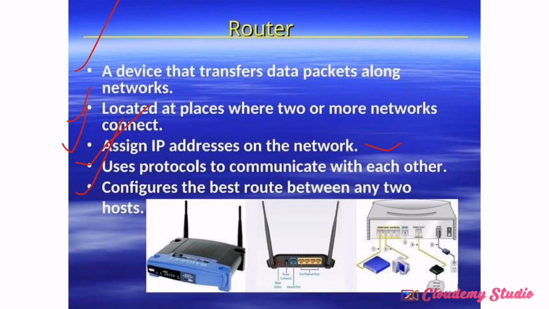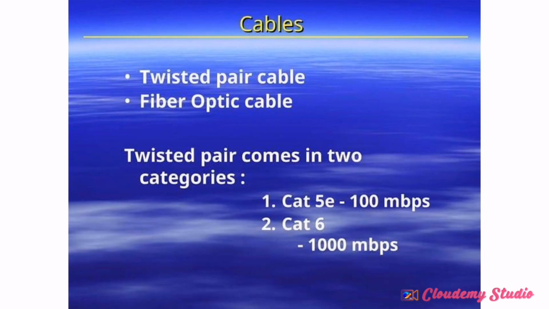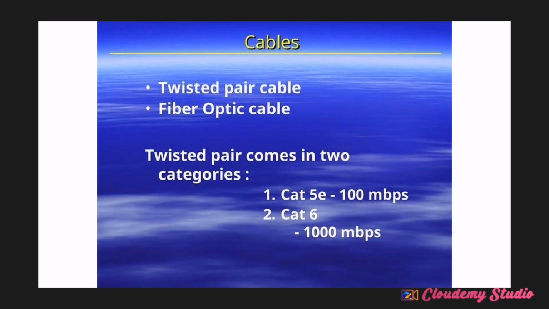Then configuration is where you give the IP addresses according to the IP range of the network where you want it to be, or you want to reset it, you put your own password. Those are the configurations that we are talking about. Okay, so let's proceed.